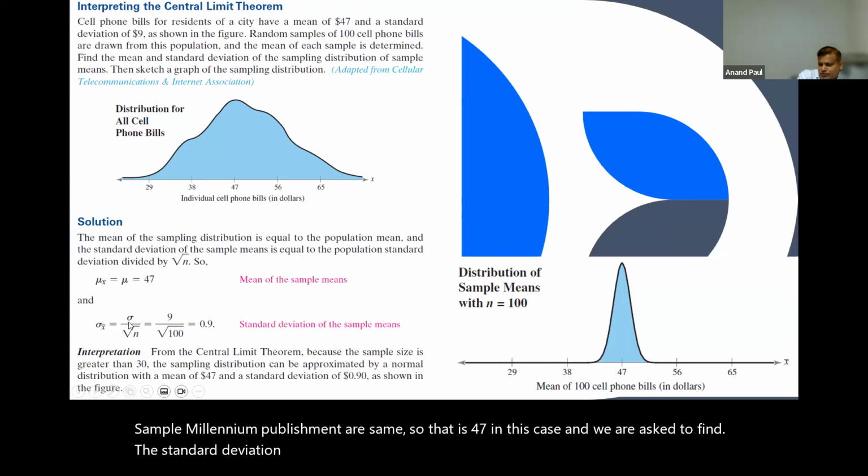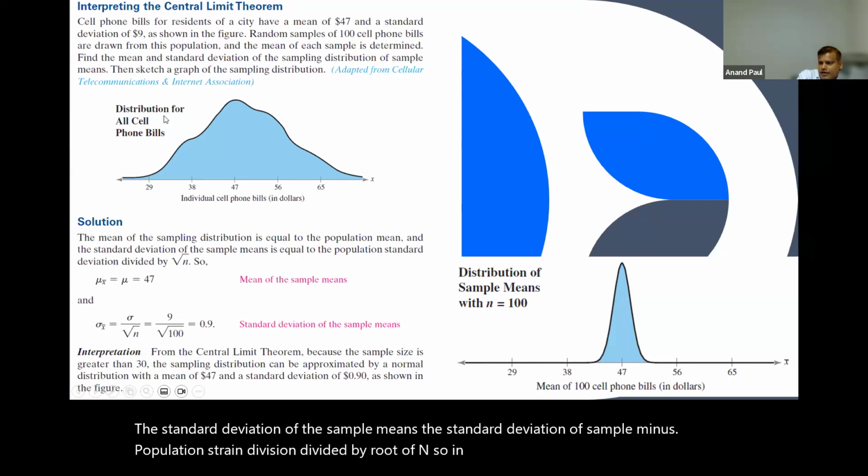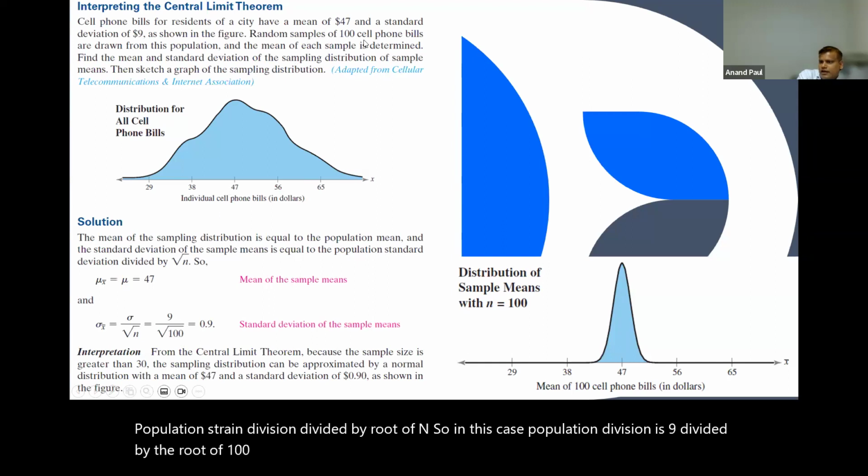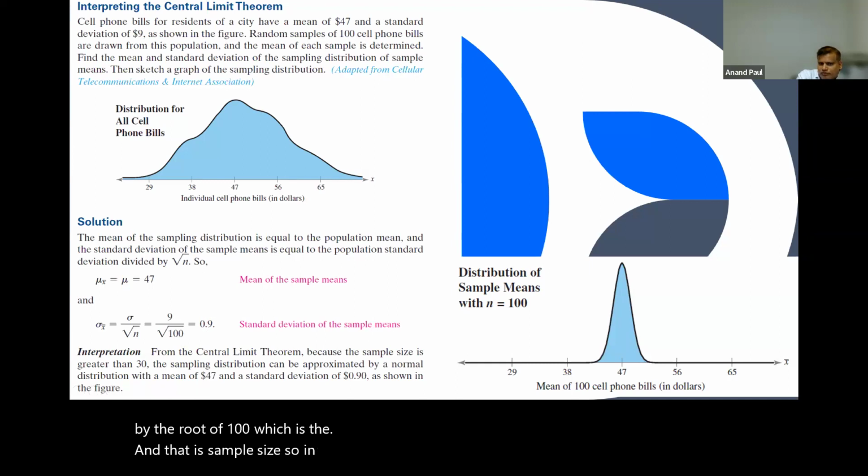So the standard deviation of the sample mean is the population standard deviation divided by root of n. So in this case, the population standard deviation is 9 divided by the root of 100, which is the n, that is the sample size. So in this case, we got 0.9. So this is the problem solved.